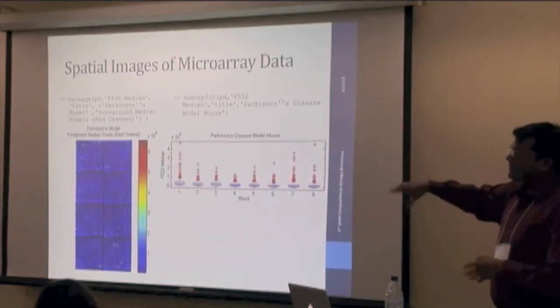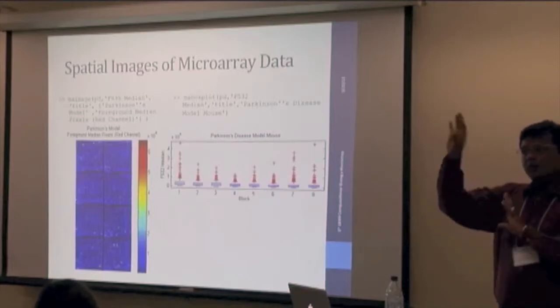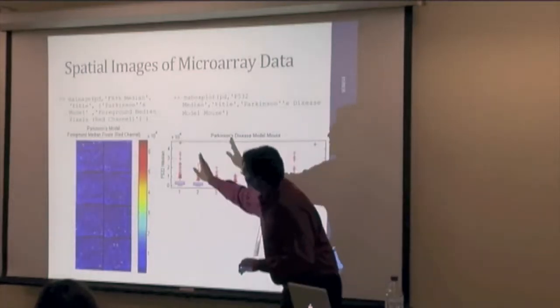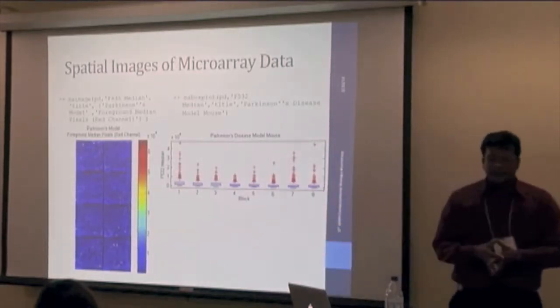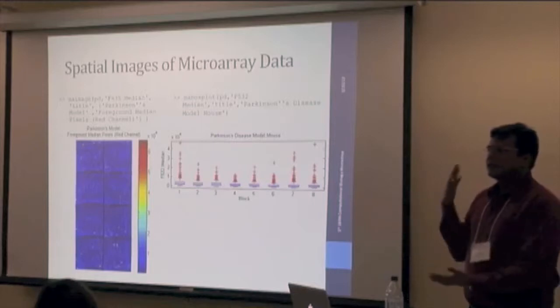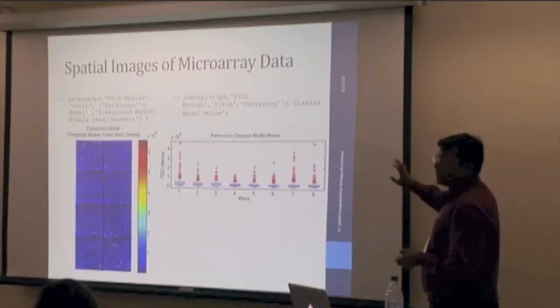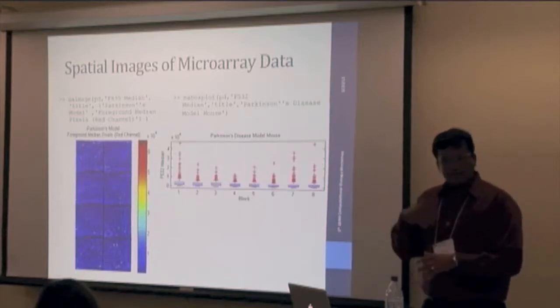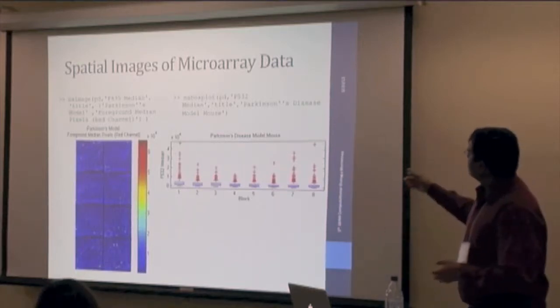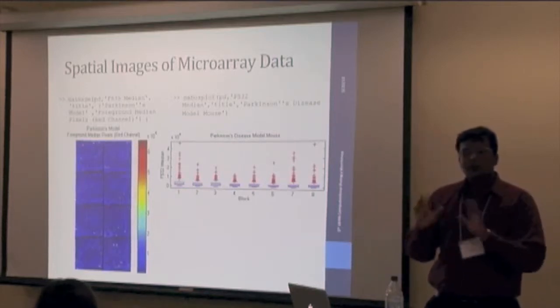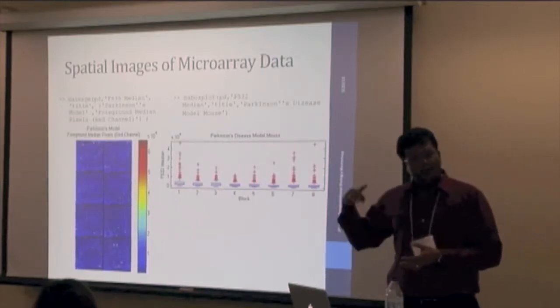You have a spatial location of all your expressions for a given microarray distributed in values, so you could visualize the entire microarray experiment in a single view. Then it gives you the microarray box plots, where you can see the distributions of your expression values. This was just a screenshot. These are all from the help, the documentation provided in Matlab.